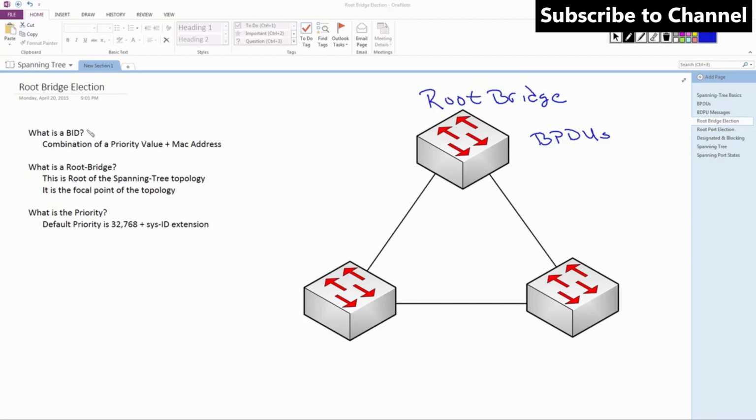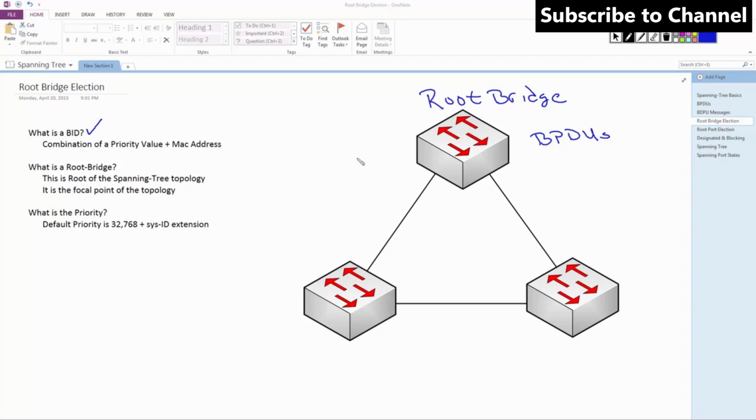So we said, what is a BID? It's a combination of our priority value and our MAC address. What is a root bridge? It is the root of the spanning tree topology. Now this will make sense as we go later on, as I show you the tree when we're done. But this is the main part of our tree, because that's really what we're doing.